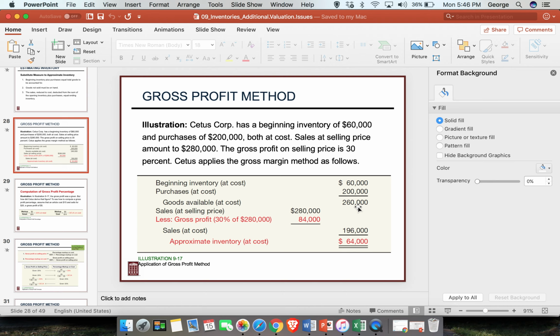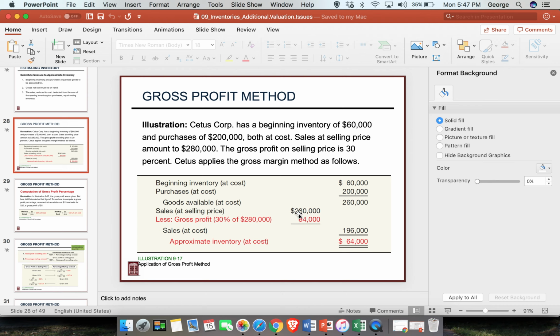My sales are $280,000. Gross profit is 30%. So gross profit is, remember, your gross profit in dollars divided by sales. All right, so gross profit is 30% of the 280, so $84,000.